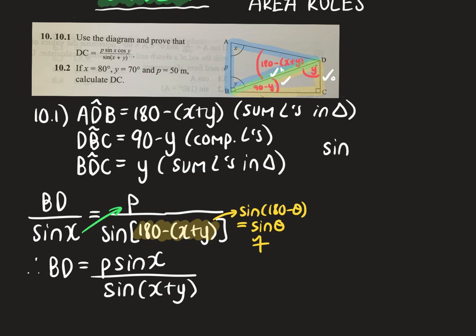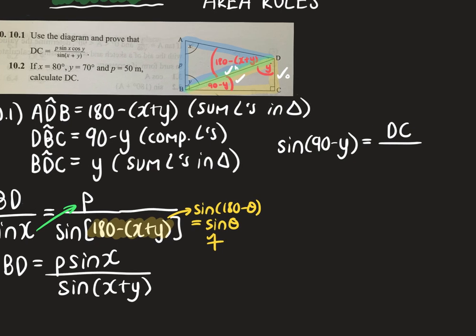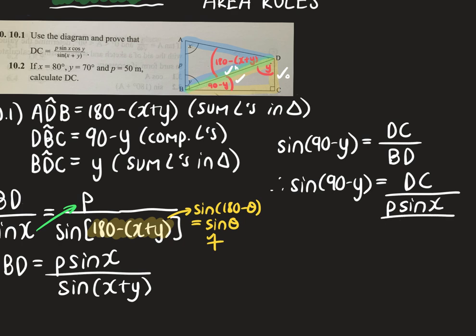So sine of 90 minus y equals opposite, which is DC, over BD. What is BD? We worked it out in our previous calculation: P sine x all over sine of x plus y.